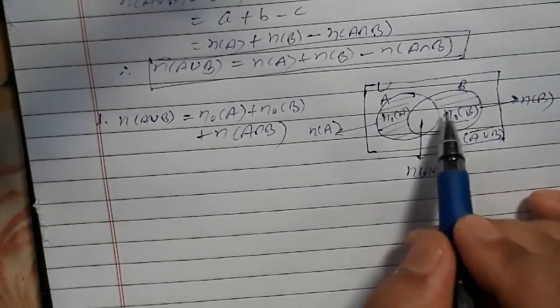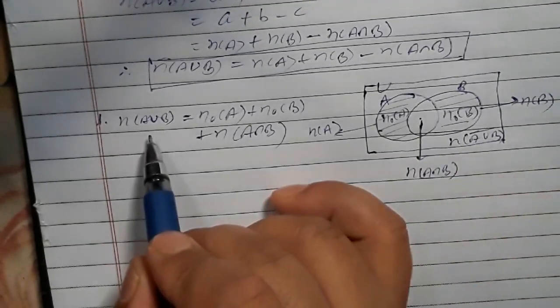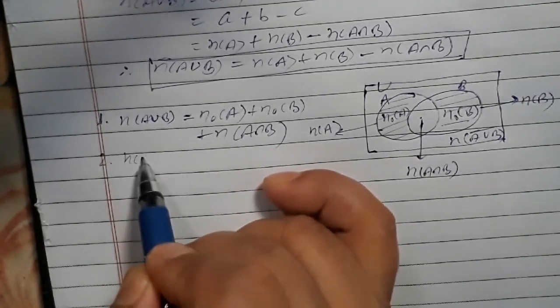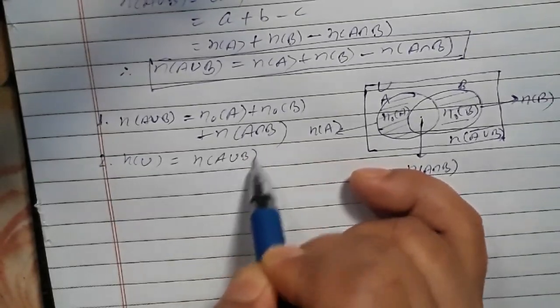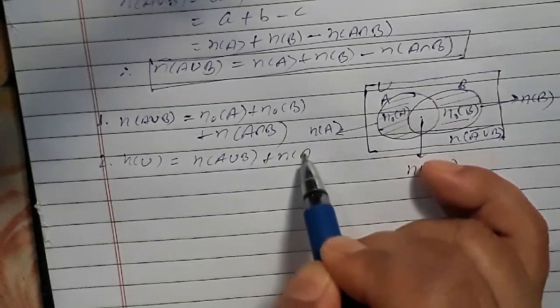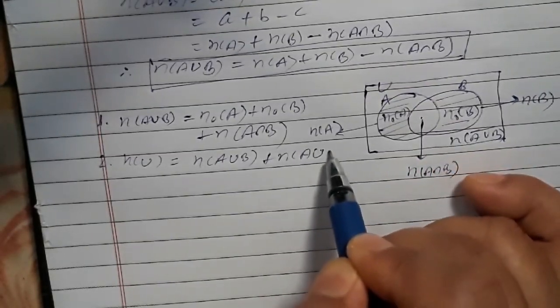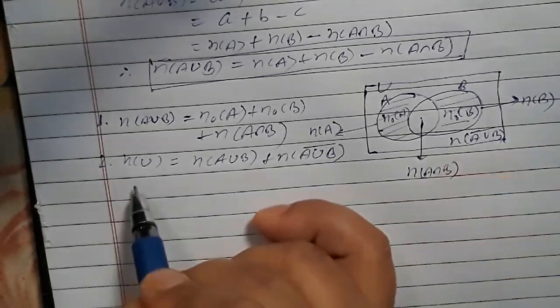Only A plus only B plus n of A intersection B is also equal to n of A union B. And the second formula you can write down is n of U, which is n of A union B plus n of the whole complement of A union B.